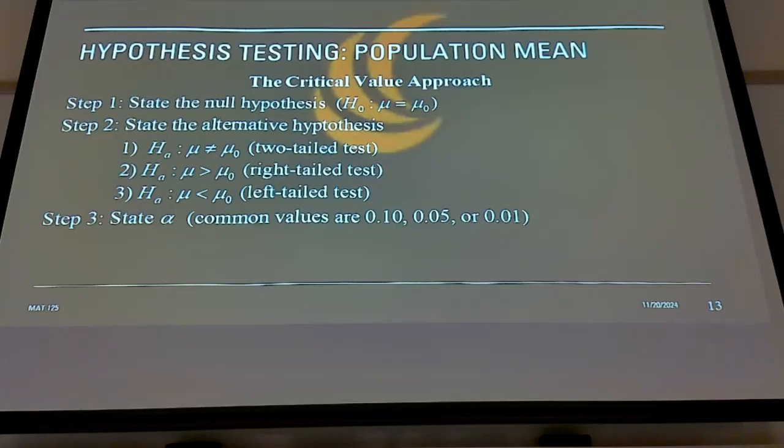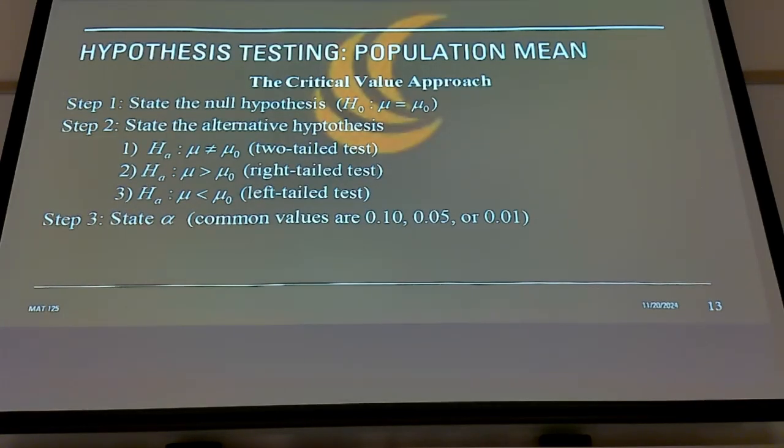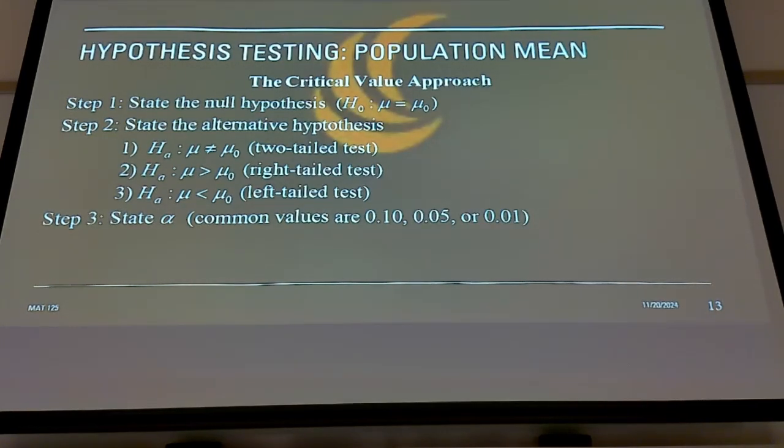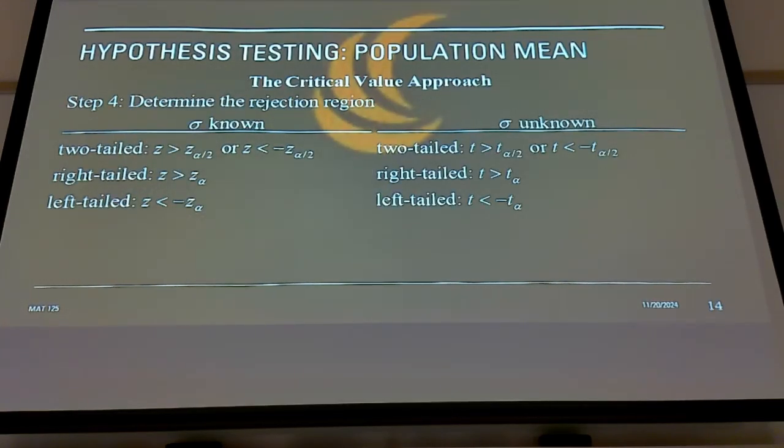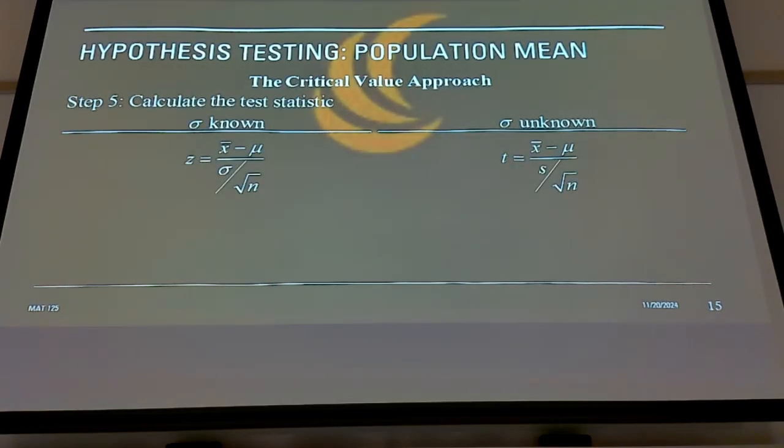Steps 1, 2, and 3 you can kind of think of as the introduction to your test. Where you're kind of stating, okay, here's the null hypothesis, here's what we're testing, here's the significance level we're using. That's like the introduction. Four and 5 would be the body of your test.